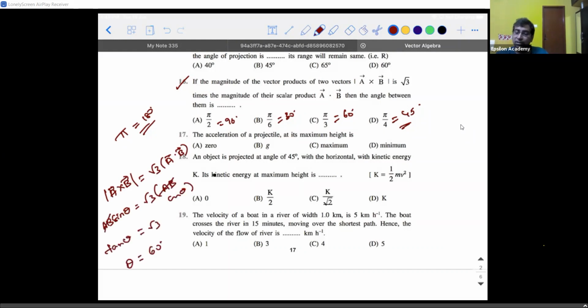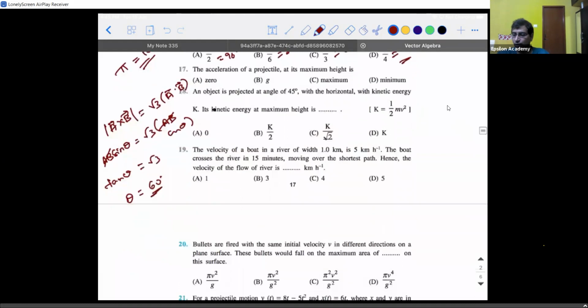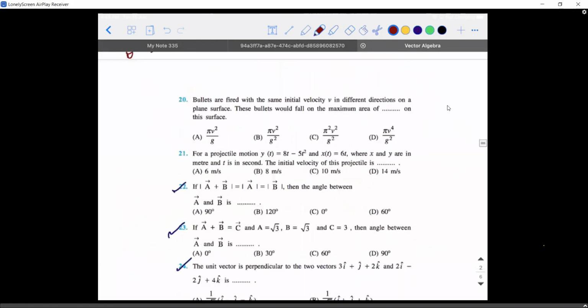So theta will be 60 degrees, but 60 is nothing but pi by 3. Okay. It's a simple problem. I hope everybody is clear. Shall I proceed, guys? Yes, sir.